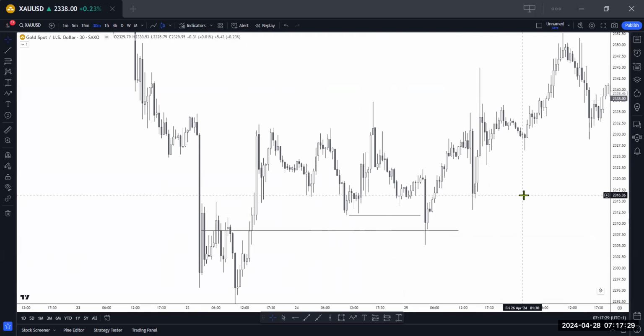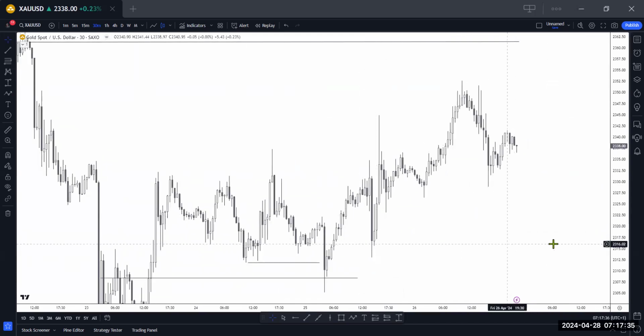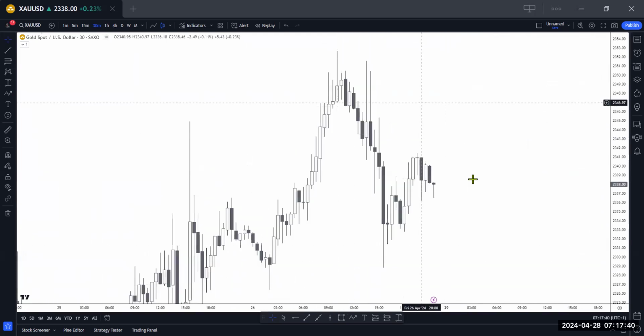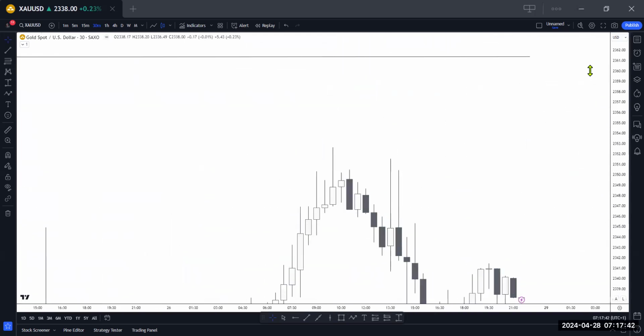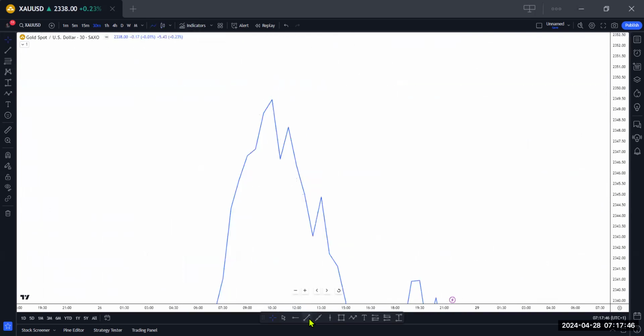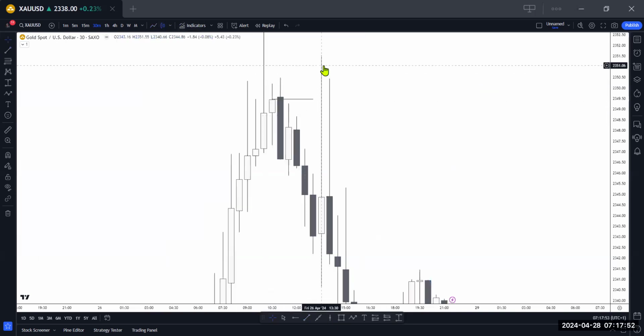But for M30, H1, and M15, you need to have a miss to validate your SNR levels. So to see M30, for example, this is M30. So let's see valid SNR levels. Now see this. Is this a classic SNR? Yes, this is a classic SNR level, right? The price comes to this level, taps this level.